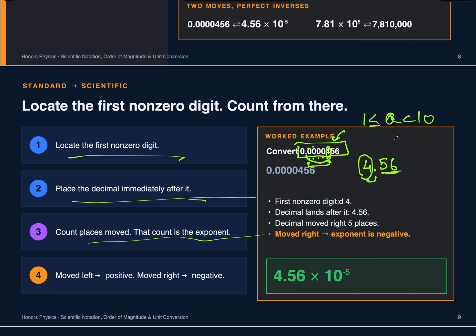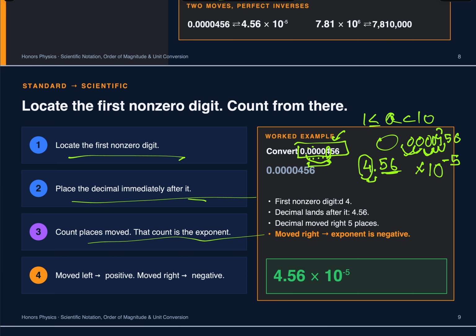If I was to trace out the decimal's path, it went 1 skip, 2 skip, 3 skip, 4 skip, and then 5 skip, because it went after the 4. So then I would do times 10 to the negative 5.